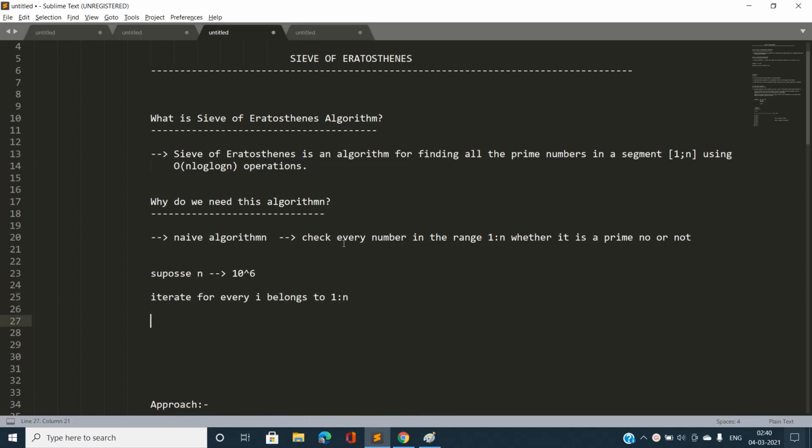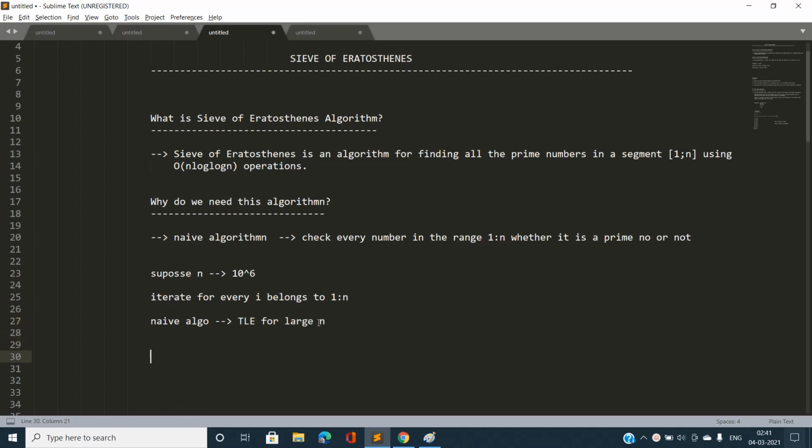Then suppose for very large i, that is for 10 power 5 and 10 power 6, I have to start from the very beginning, that is from the value equal to 2, and go up to the square root of that. That will take a lot of time to check if that number is a prime number or not. So it may get time limit exceeded for a large n. So our naive algorithm gets TLE for large n.